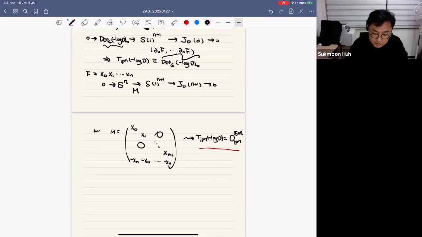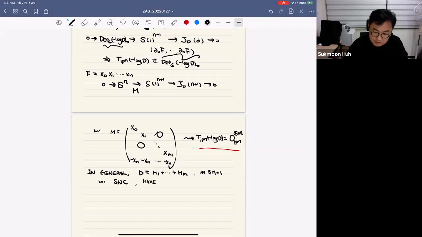And more in general, by the same idea, for a divisor D whose irreducible components are hyperplanes, H1 to H sub m, where m is at most n plus one, in general position, which means they have simple normal crossings.